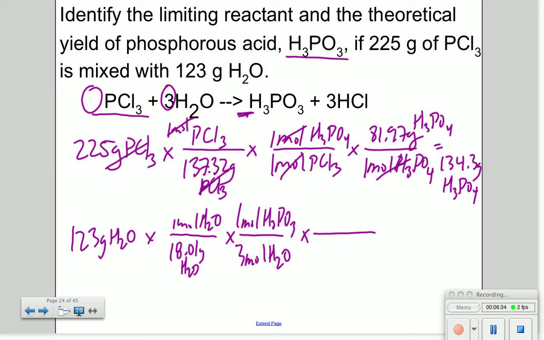And then my last conversion will be from moles of H3PO3 to grams of H3PO3. I'm just going to use the information that I have above in the first stoichiometric equation. The molar mass of H3PO3 is 81.97 grams.